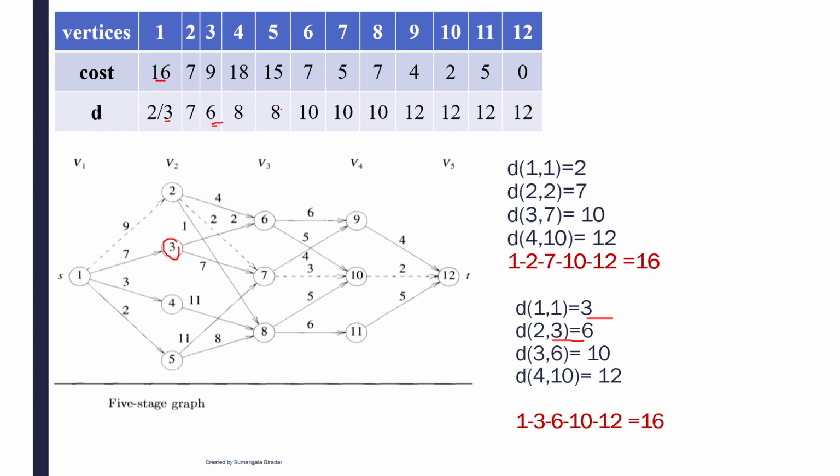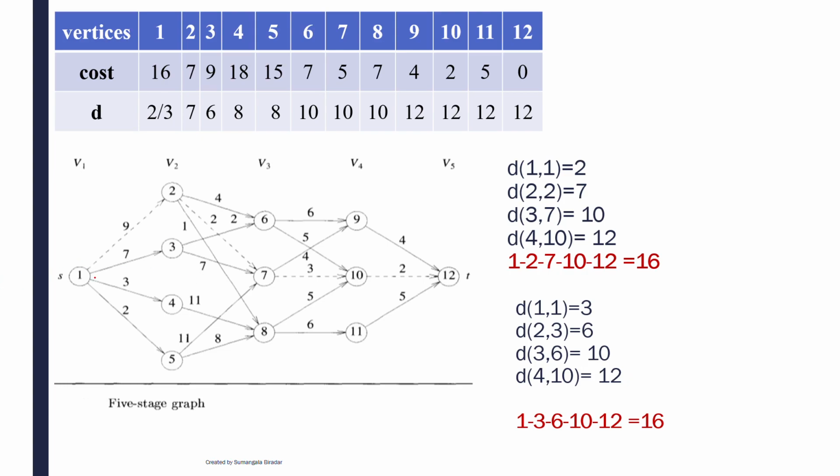Next for the third stage, 6 is the minimum. That one I already got here, the D value. In the third stage 6 is minimum, and for that you are having the next vertex 10 here. In the fourth stage, 10 is minimum, and for that you are having the D value as 12 here. So now if you trace this one, then you'll get the solution here.